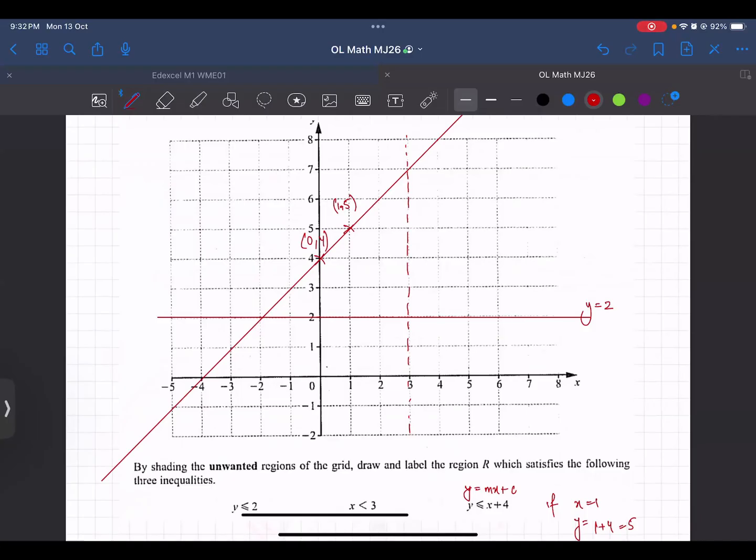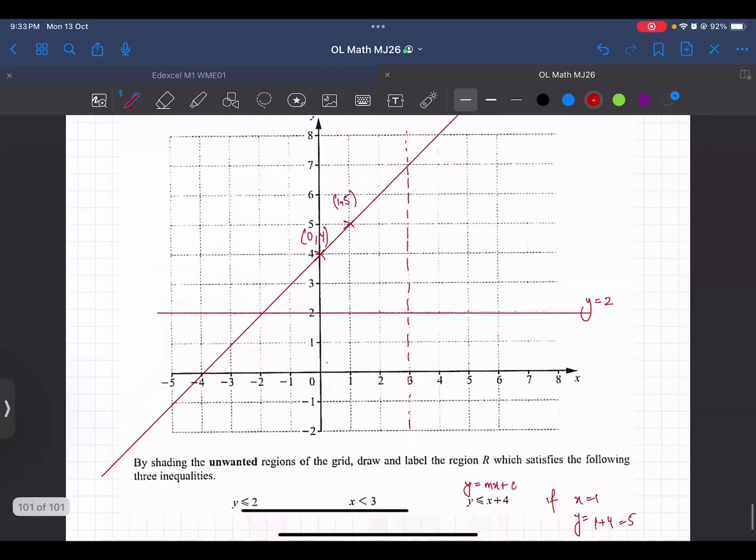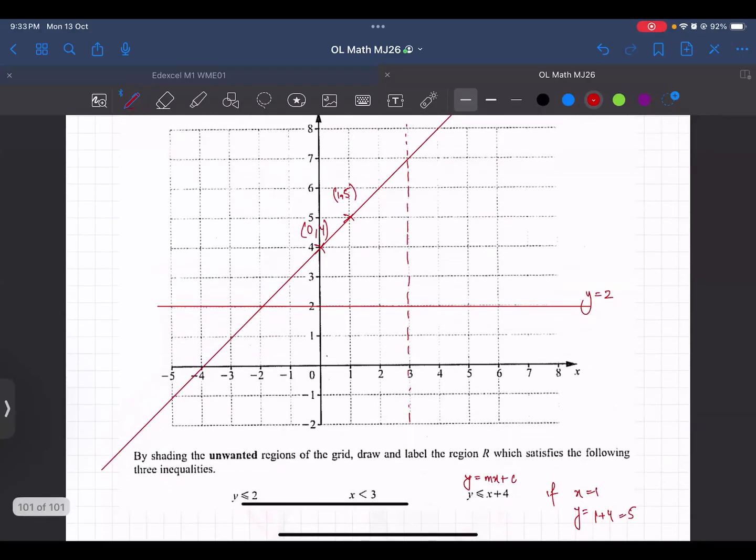So the shading will be above y is equal to 2. Give me a second. Okay. So now it is y is greater than or equal to 2.